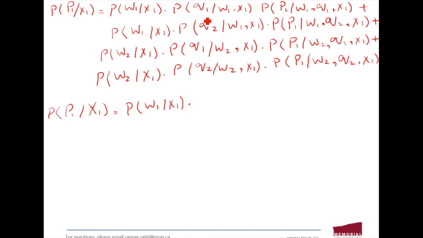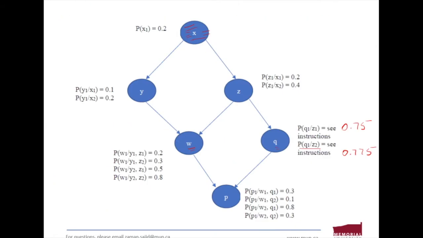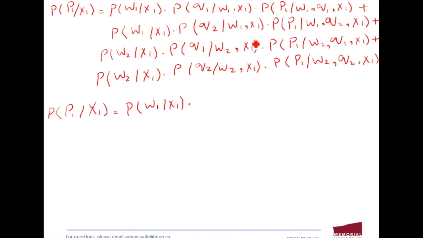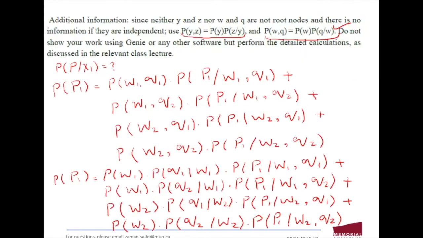times. In the next term, we will look at the parents of the Q here. In the network, the parent of the Q is only Z. It is not W and X. So I will have to write this equation as such: Q1, W1 and X1, times the probability of, now in the last term, the P is what we are concerned with.